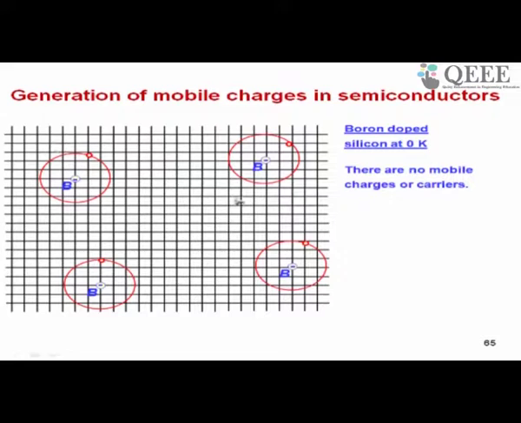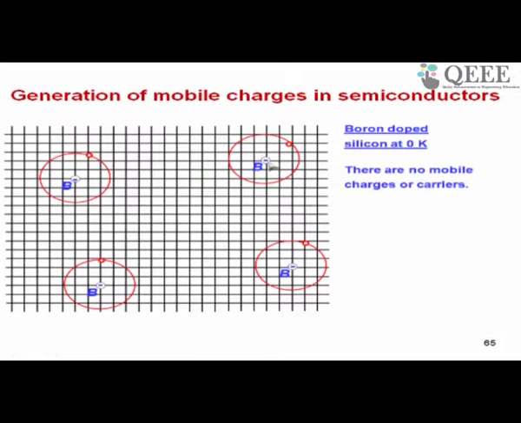So here you can see that it is making bonds with 4 silicon atoms, but in the process it has got negatively charged, and that electron has been picked up from a nearby silicon atom, and therefore that bond has broken, and that is like a hole. But this hole is bonded to this negatively charged impurity, and it can be regarded as revolving around the boron nucleus, just like for the case of phosphorus.